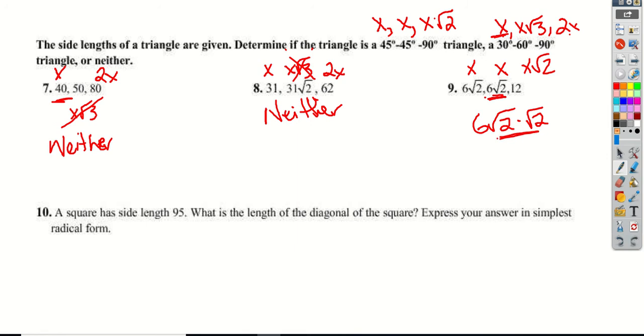That's like squaring it. So radical 2 times radical 2, we talked about this earlier, is equal to 2. So this is really 6 times 2, which equals 12. And that is it. So this does follow the pattern. Okay. So this is a 45, 45, 90-degree triangle.